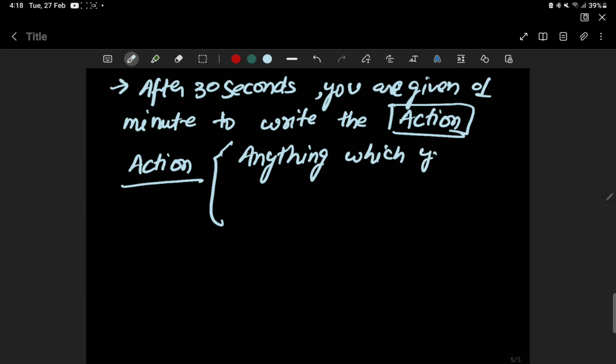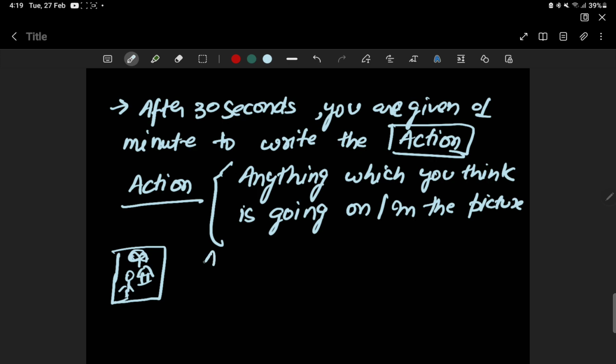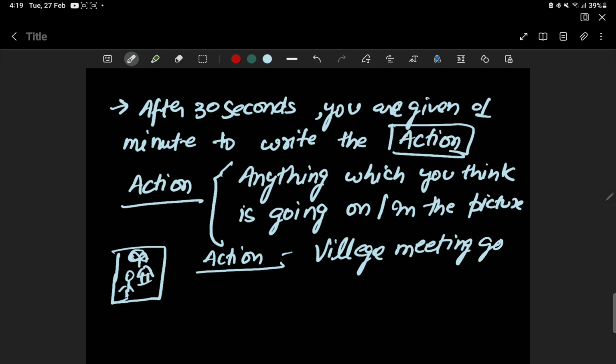Like if you see a picture of a village scene, here there are huts, there are people, there are trees, so it's basically a village scene, and in this you can write the action as a village meeting going on, a sentence from which you can derive the action part of the story.